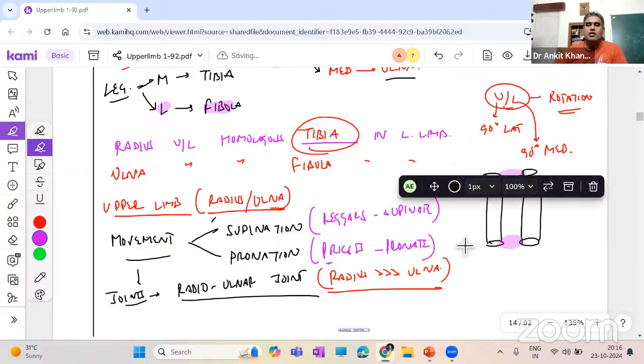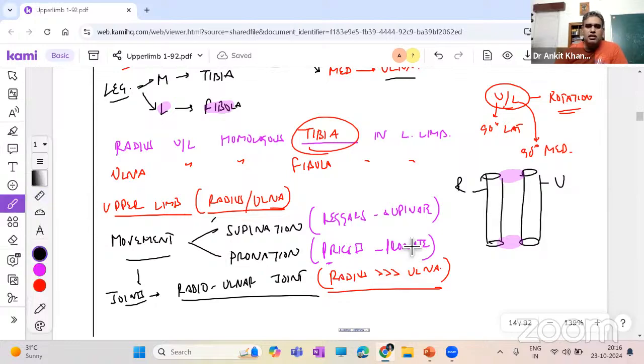Fine. So is it that simple, or is there some other structure also over here? Can't they rub against each other so they can put pressure on each other? Therefore, what happens is between these two bones, this border of the ulna and this border of the radius, you have a structure that is known as the interosseous membrane, which I guess you have learned in general anatomy in detail.